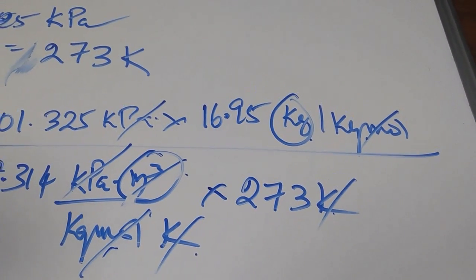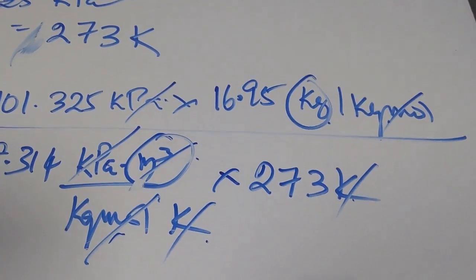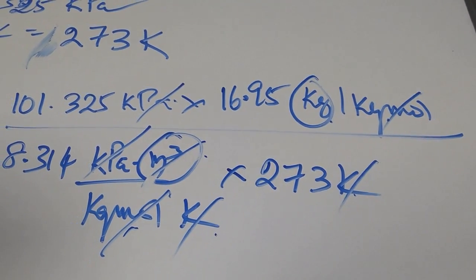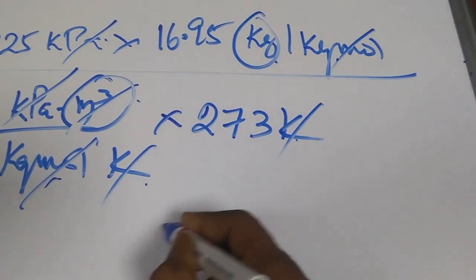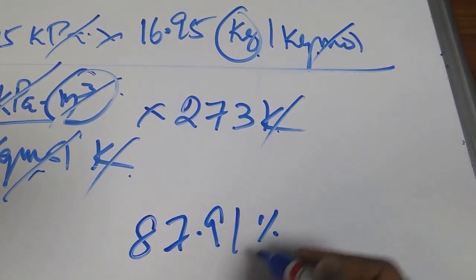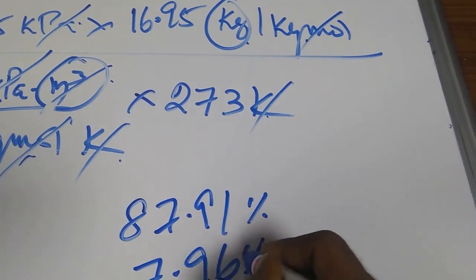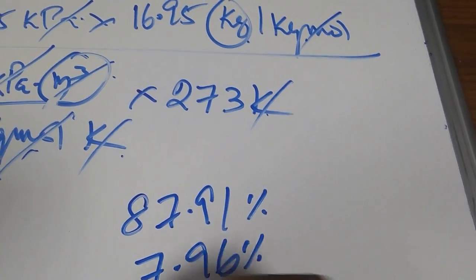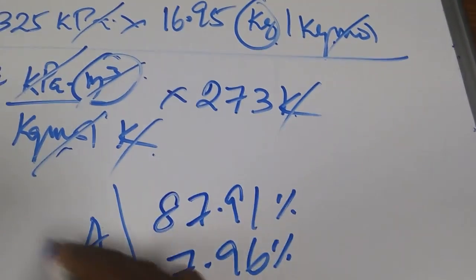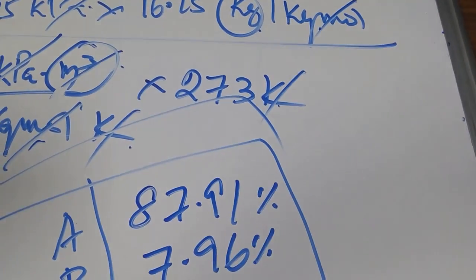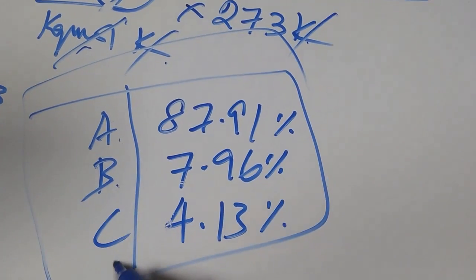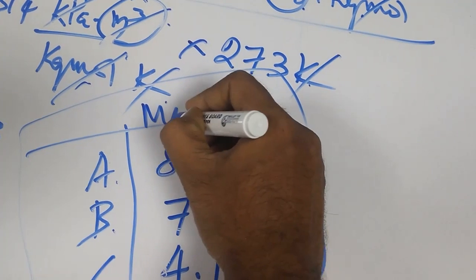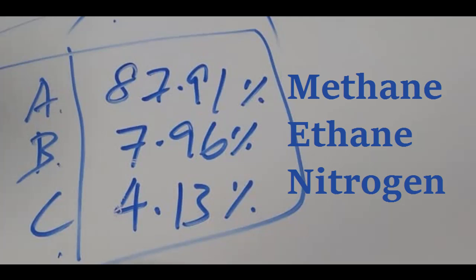In the table we have mass percentage of A 87.91, mass percentage of B 7.96, and 4.13 percentage for C. A is methane, B is ethane, and C is nitrogen. So that is the final answer for the last part.